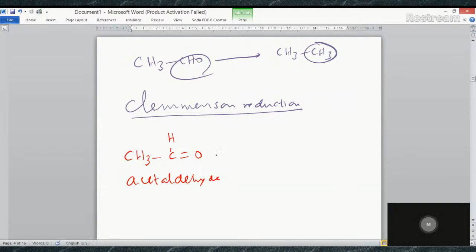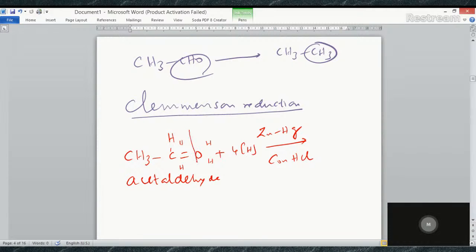When the acetaldehyde is reduced by using 4 hydrogens with the help of zinc amalgam and concentrated HCl, what is going to happen here? For our understanding purpose, we can take it like this. In stage 1, when you add H and then H, it becomes CHOH. On further addition of 2 hydrogens, this part is leaving.